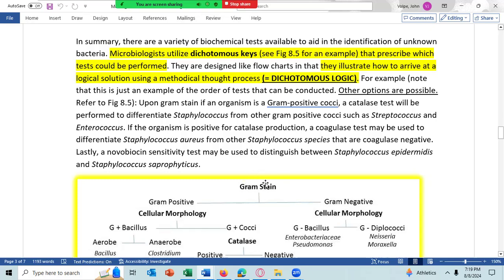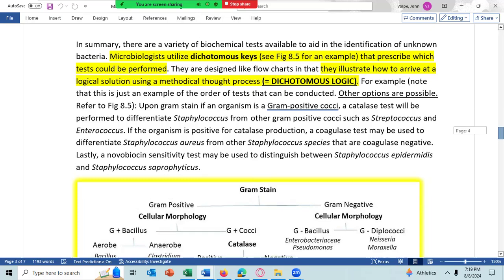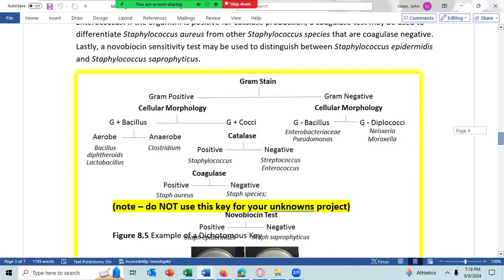You can divide almost all organisms into gram-positive and gram-negative bacteria. Actually, you can do that for archaea as well. We won't talk about that, but the point is you can divide it into gram-positive and gram-negative.